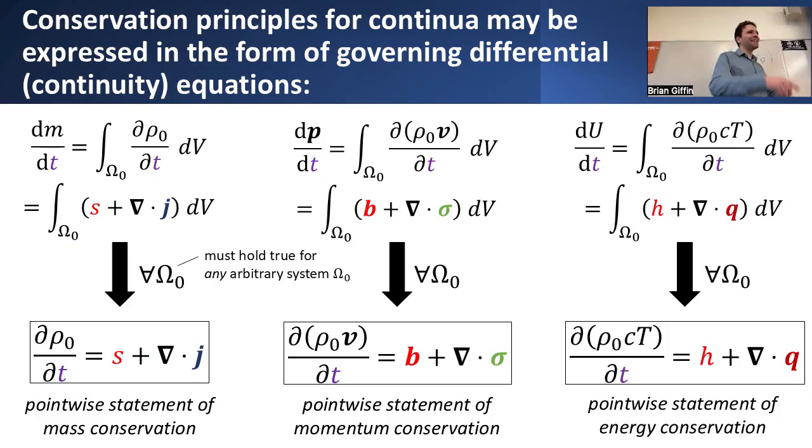I could choose it to be, let's say, if I have some structure, I don't know, maybe it looks a bit like this. Maybe it's a cantilever beam, kind of a chunky one. Maybe it's got some external loads applied to it and some other constraints imposed on it. I can choose this system of interest to encompass this entire cantilever beam.